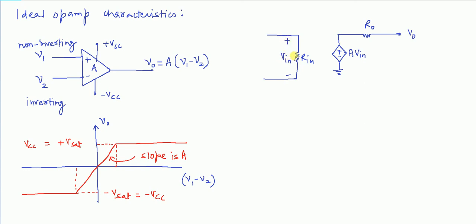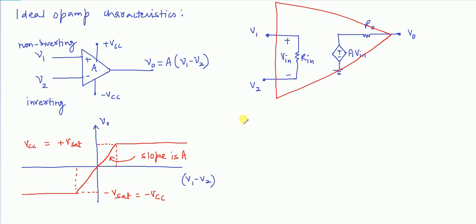This voltage is V in, which is V1 minus V2. So this is the linear model for OPAMP. 3 terminals, non-inverting terminal, inverting terminal, and the output voltage. I have not shown the supply voltage for the simplicity of this circuit.